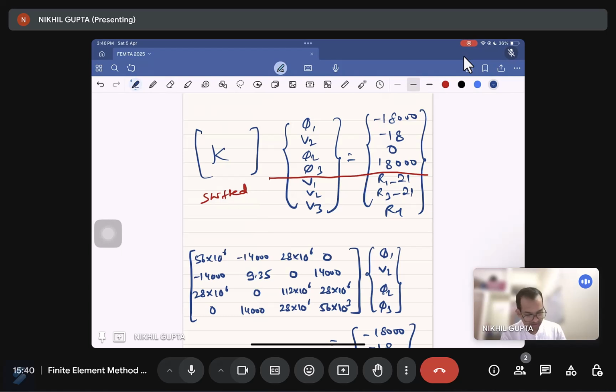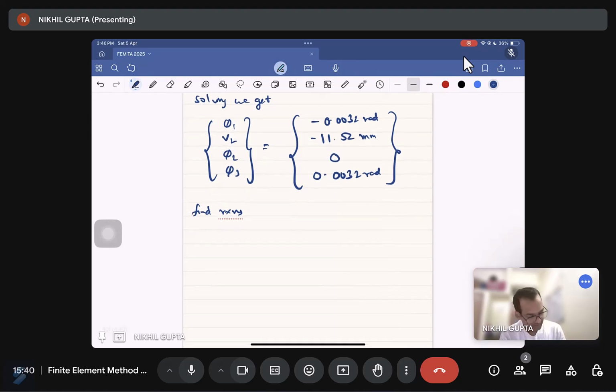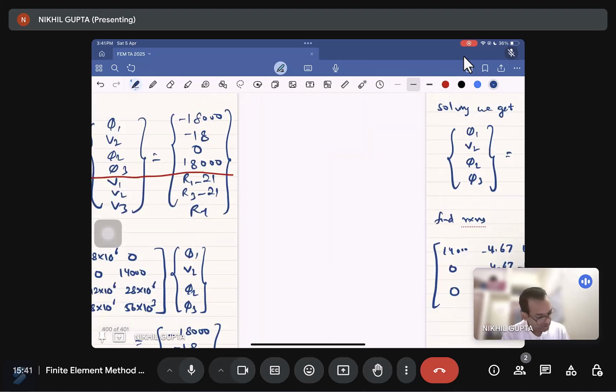So when you solve it, you have to write 14,000, minus 4.67, 14,000, 0, then 0, minus 4.67, minus 14,000, then minus 14,000, then 0, minus 10 power minus 2, 0, 0.